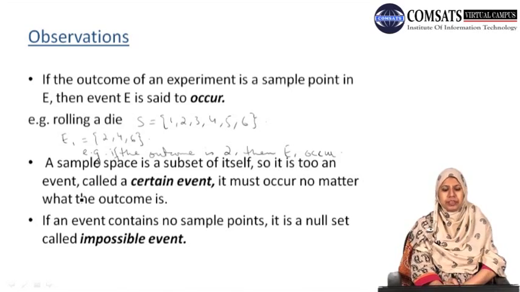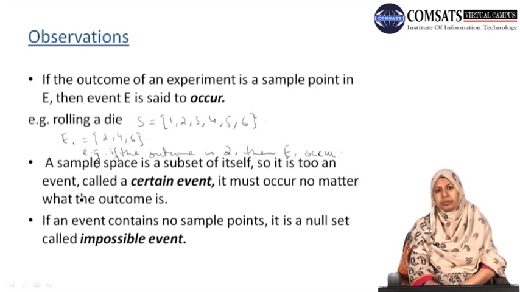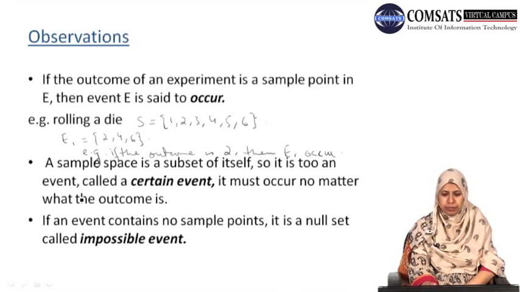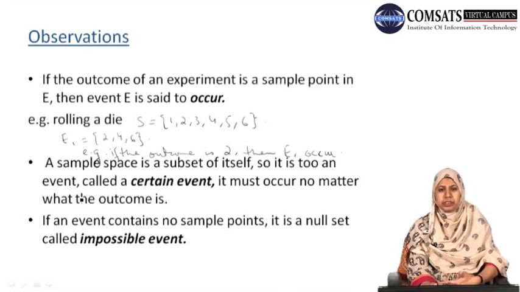Now, we know that a sample space is a subset of itself. So it is also an event. We know from our lecture on set operations that every set is a subset of itself, which means that the sample space is also an event, known as the certain event.